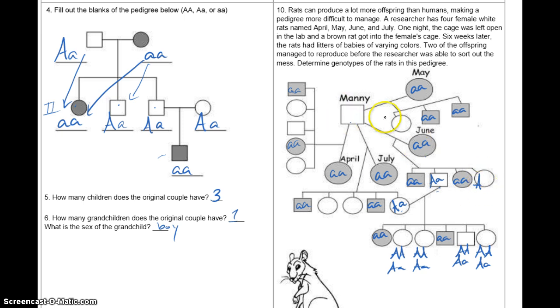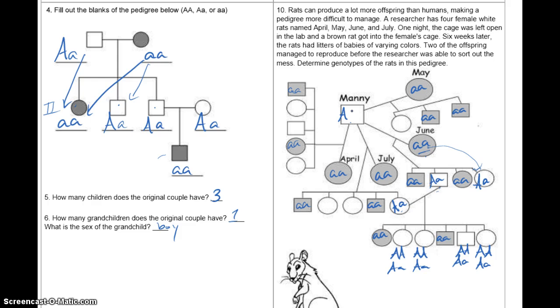But if we look at her parents, we know that one of her parents was albino, which means from that parent she could only get a little a. And so we know that this individual is going to be heterozygous then, and she must have gotten the big A from Manny. Right? And so Manny has a big A.